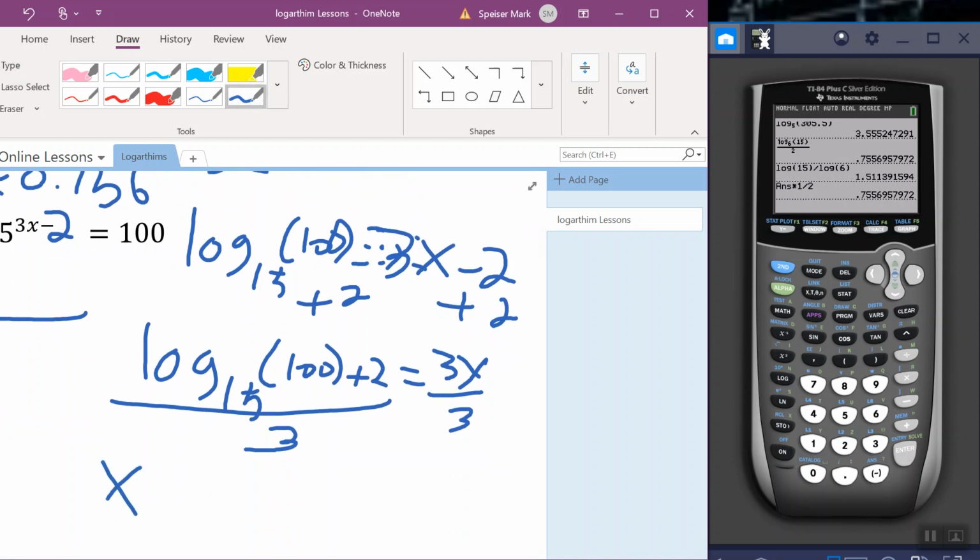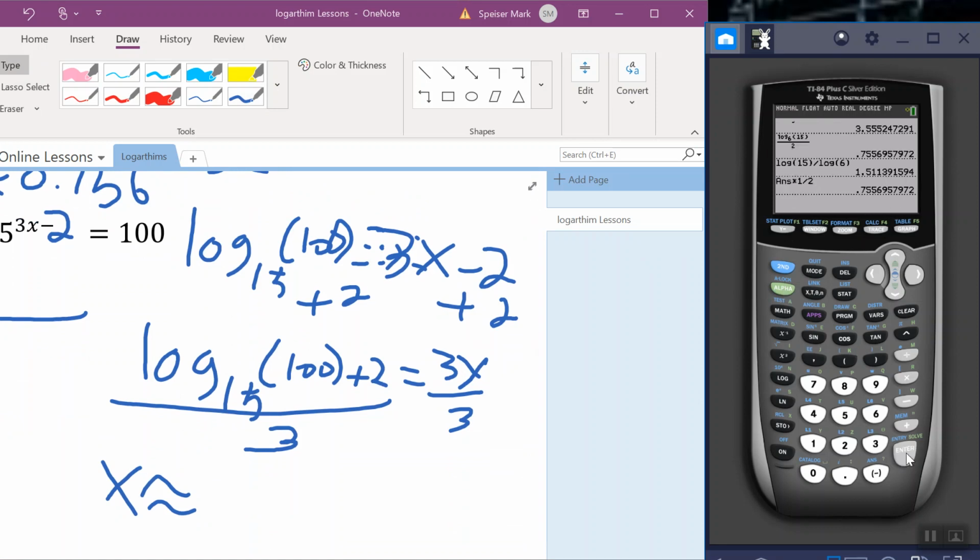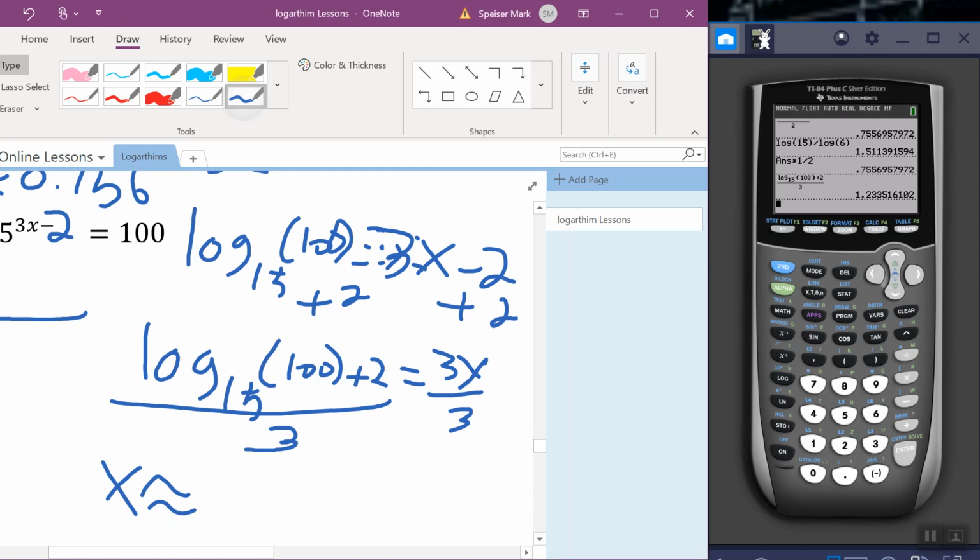And you get x approximately. Then you go over to your calculator, set up a fraction again, alpha y equals, math. Make sure you have a numerator. Alpha window, option 5, log of base 15 of 100, outside of parentheses, plus 2, all divided by 3, making x approximately 1.234.